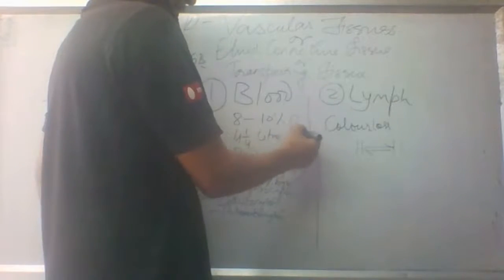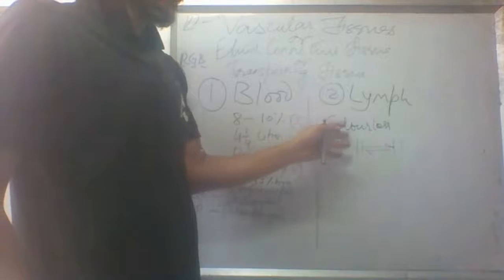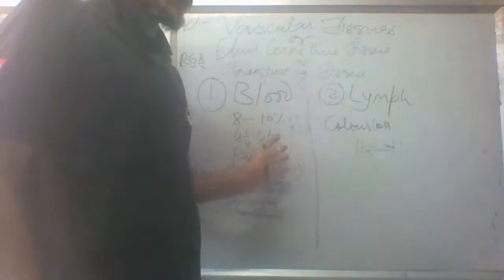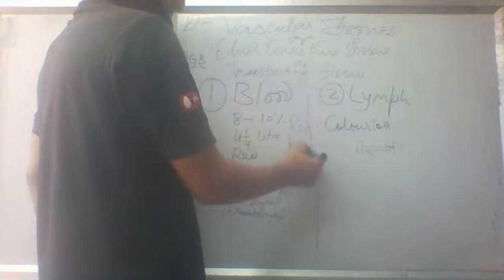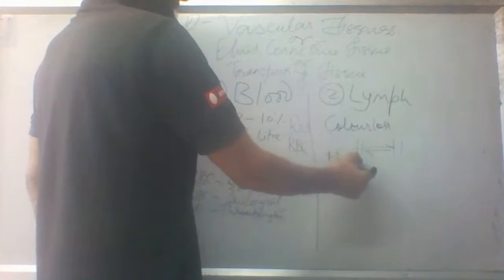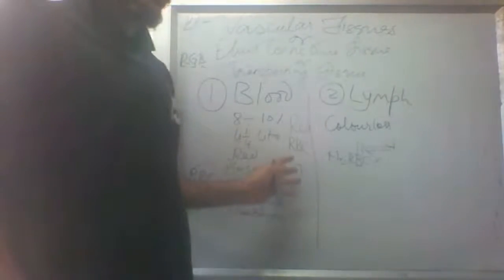If you differentiate, this is red in color and the lymph is normally colorless. RBCs, red blood cells, are present here. Here, no RBCs are found.